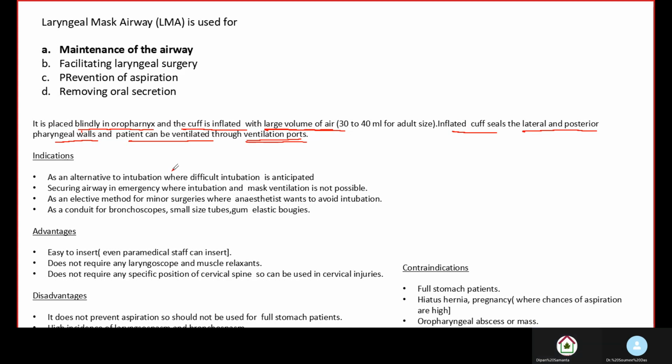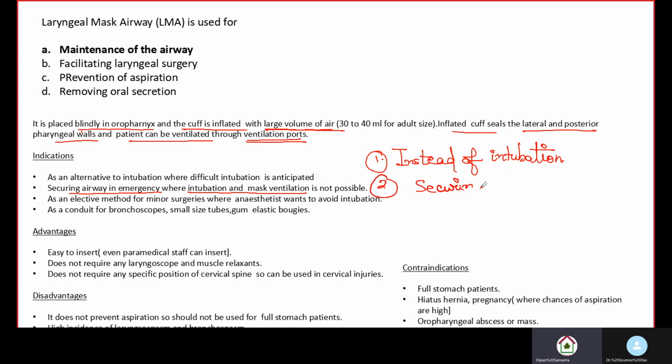Number 2, securing airway in emergency where intubation and mask ventilation is not possible.